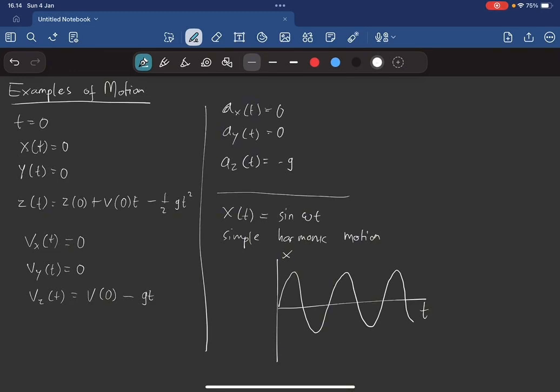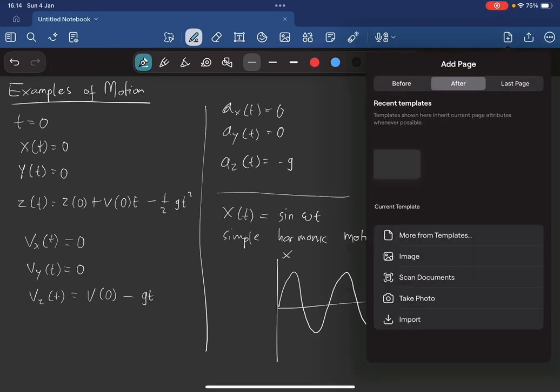Let's compute the velocity and acceleration. To do so, we need to differentiate x(t) with respect to time. Here's the result of the first time derivative. We have the sine of a product.